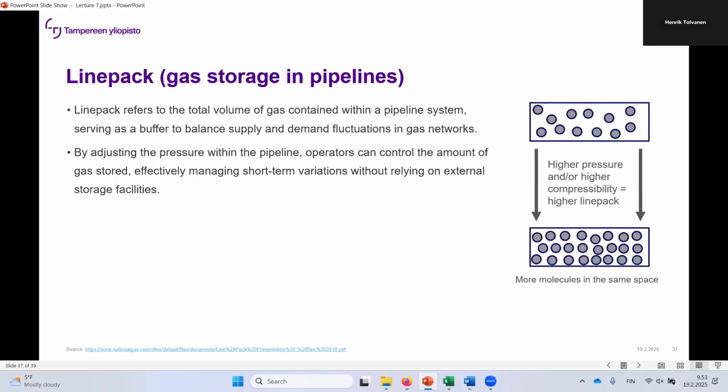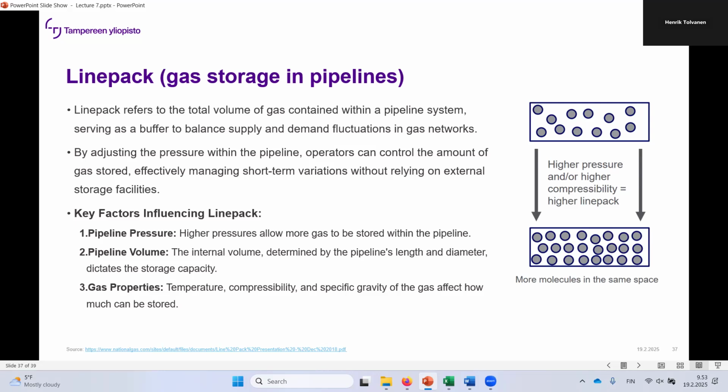And line pack is something that you also have to be aware of. So pipeline volume, pipeline pressure, and gas properties, such as compressibility and specific gravity, which is the density compared to air. It's going to be different with hydrogen and natural gas.